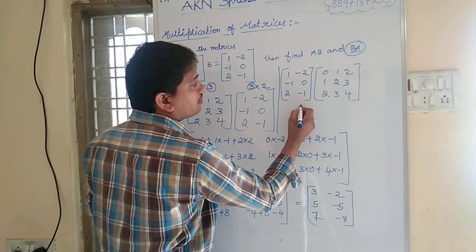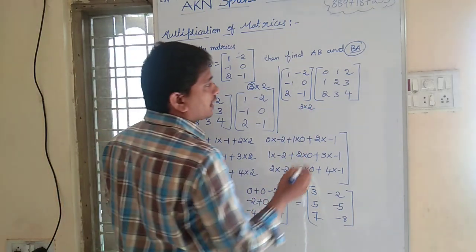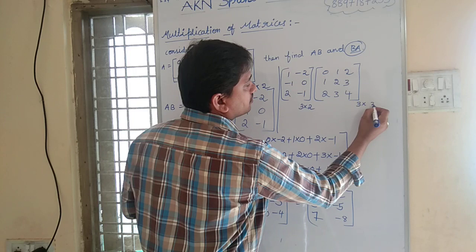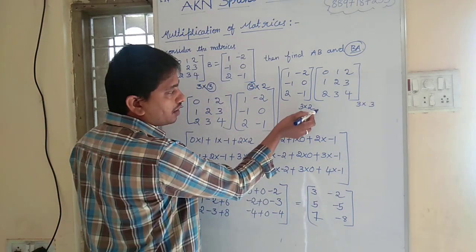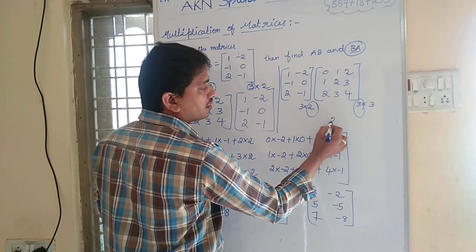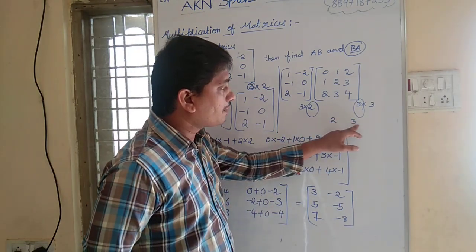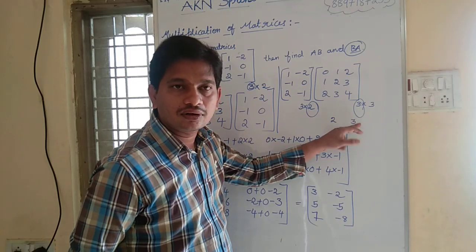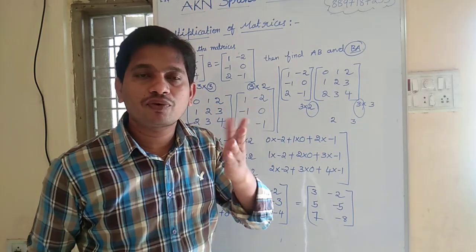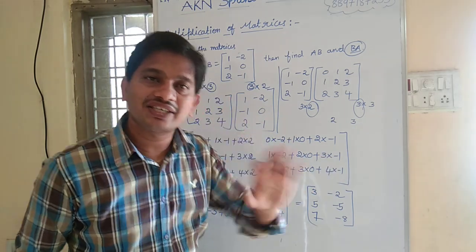Here the order is 3 by 2 and here the order is 3 by 3. Here the number of columns is 2, children. Here the number of rows is how many, children? 3. The number of columns and number of rows are not equal. Then BA does not exist.